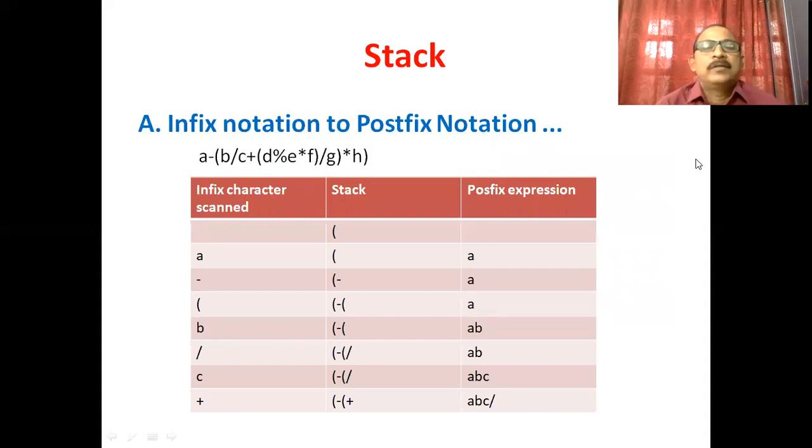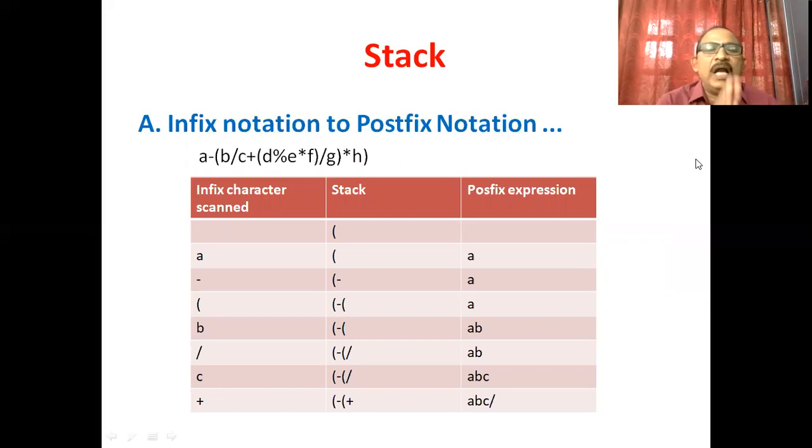Next step, we push the left parenthesis onto the stack. Step 2, we start scanning the infix expression from left to right until the infix expression becomes empty. A, what is A? A is an operand.